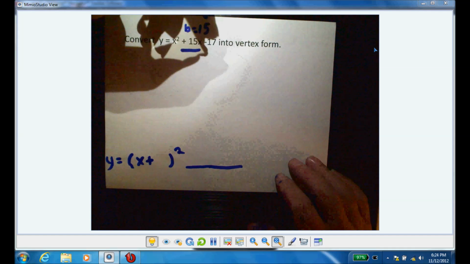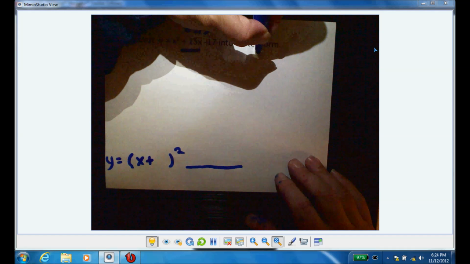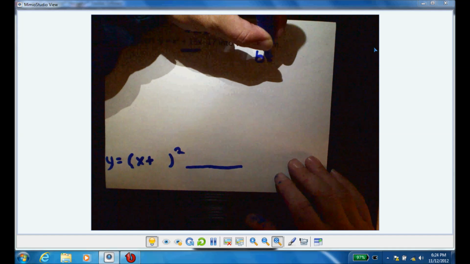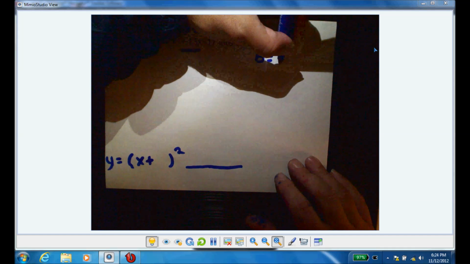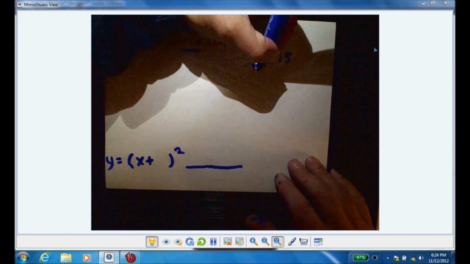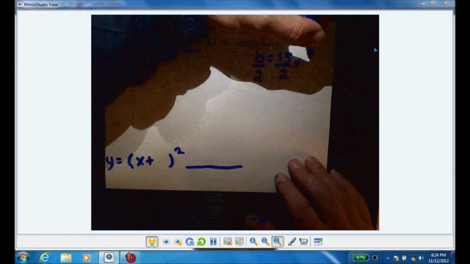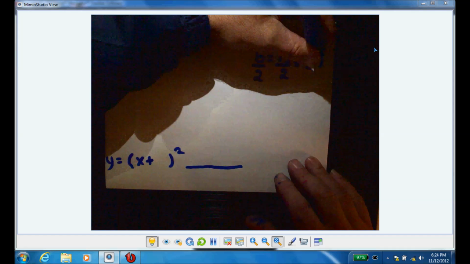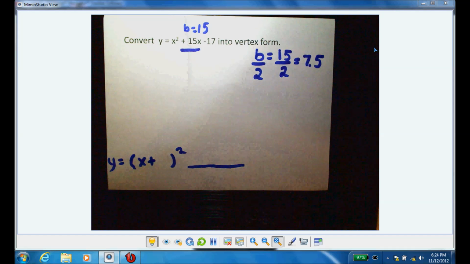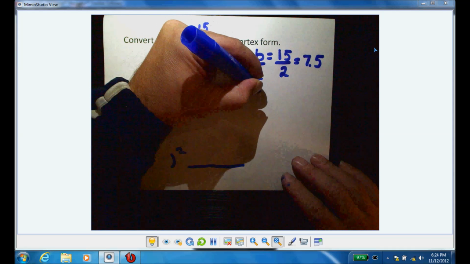Now, the next part is we need to start working with our b. We're going to take our b, which equals 15, and divide that by 2. When I divide b by 2, 15 divided by 2, I get 7.5. Now, 7.5 is a decimal, and remember, we have to square that 7.5.